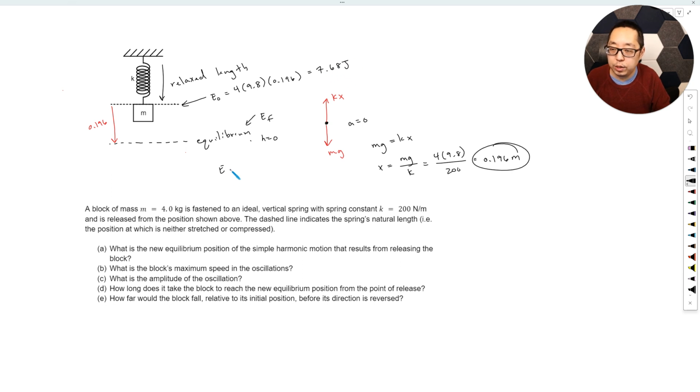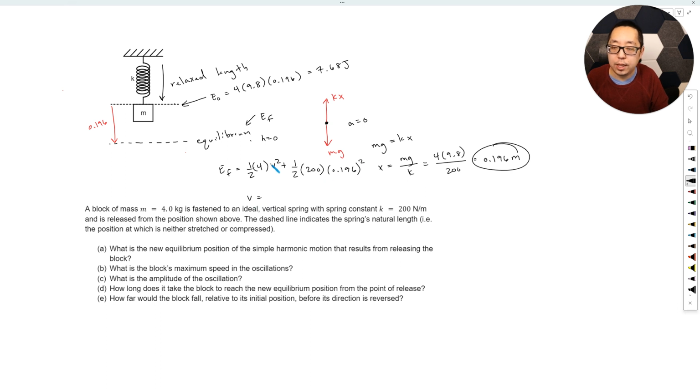And then how much energy do we have down here? Okay. Well, we have some kinetic energy. So 1/2 m times v squared. Do we have any gravitational potential energy? No, because h is 0. Do we have any spring potential energy? Yes, because the spring is now stretched. What is the k? 200. And then how much is it stretched from its relaxed length? 0.196.